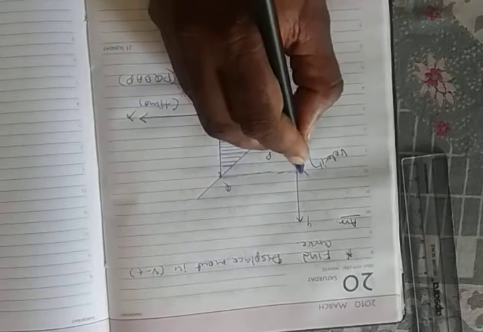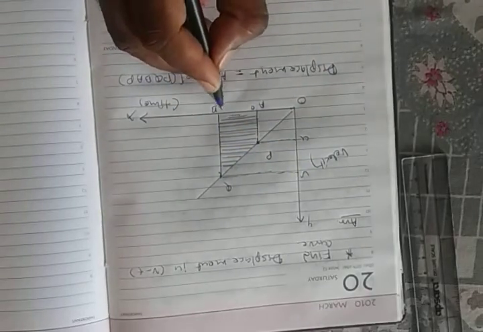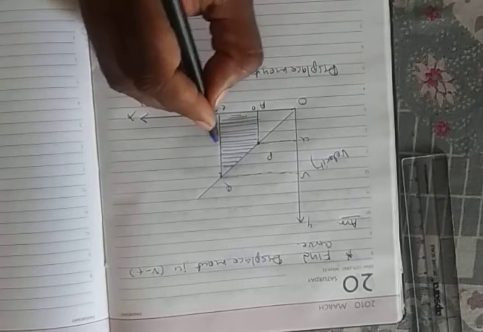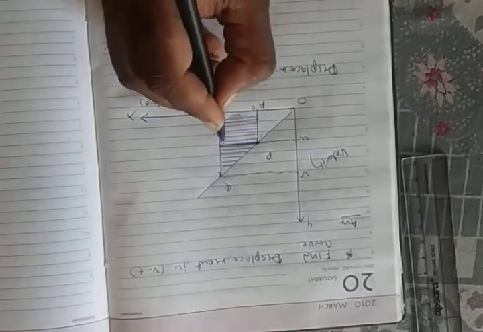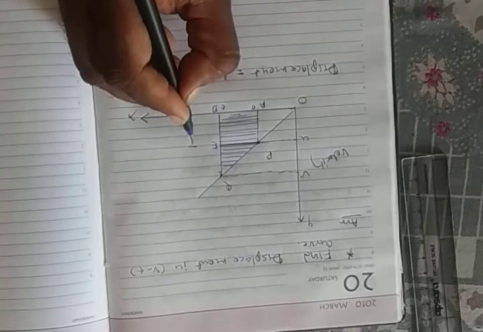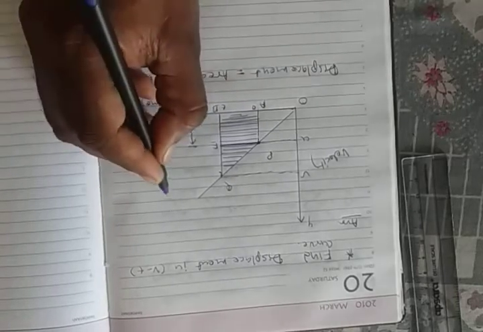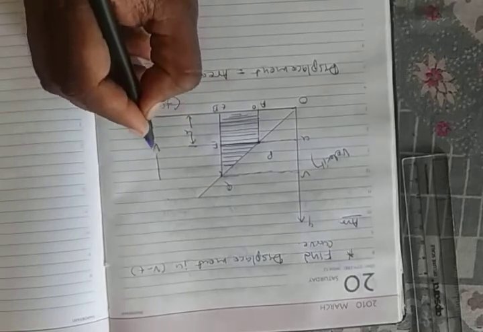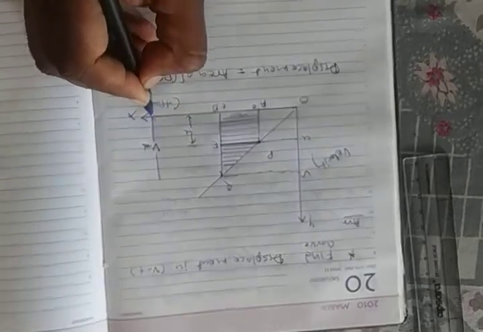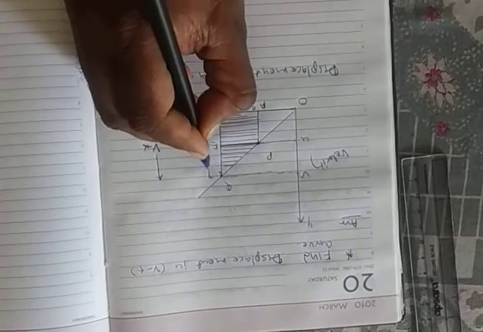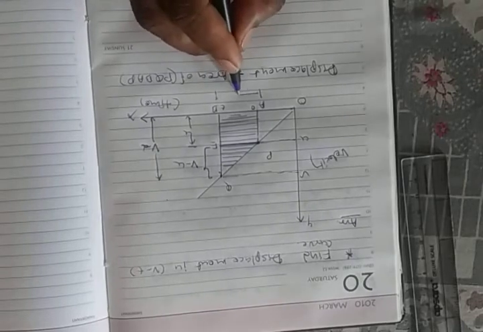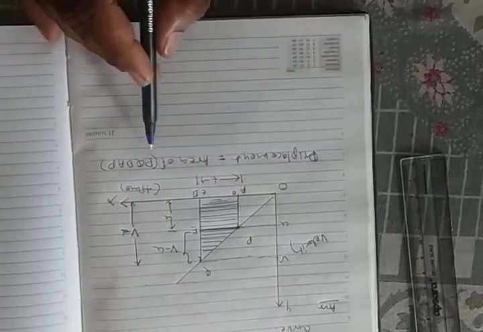Clear? Now this velocity is u, final velocity is v, initial time 0, final time t. This is u and this is v, and the distance between Q and E is v minus u, and the distance AB is time t. Clear? That is the area of PQBA. This is a closed area divided into two parts.